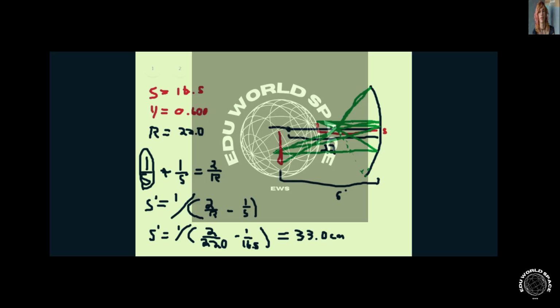Okay, so this image is real, and it is real because S, the distance from the object to the mirror, is larger than the focal length, and that will make our image real. Now, if the object were closer than the focal length, then that image would be virtual. All right, thank you.